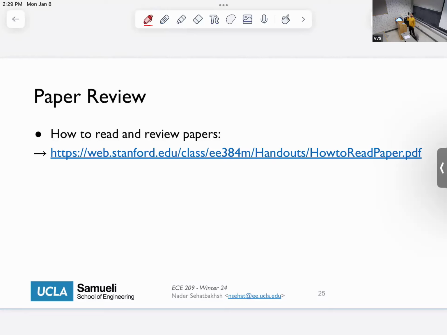Don't get stuck on a paper for 8 hours trying to understand everything. The idea is that you want to understand 75%, 80% of the paper. If you understand 80% of the paper, you're good for this class. And for those topics you're really interested in, that's where you're going to cover that 20% gap, and for that you need to read lots of other things to understand the remaining 20%, okay?